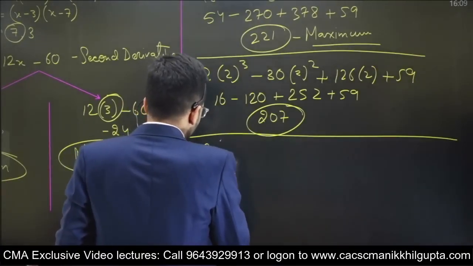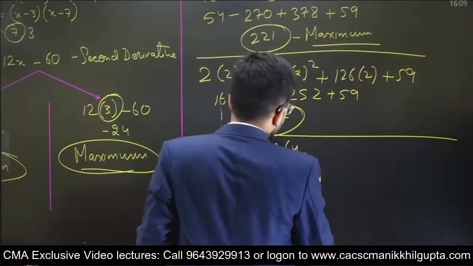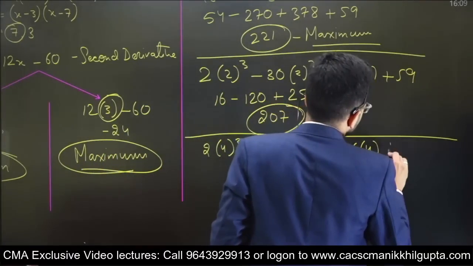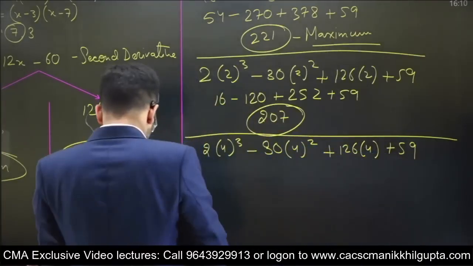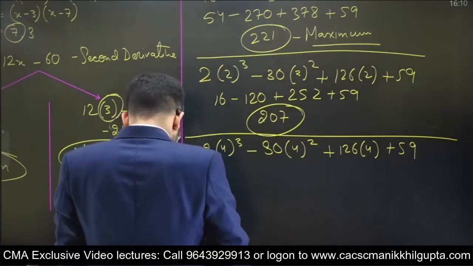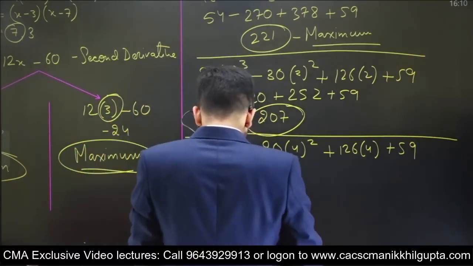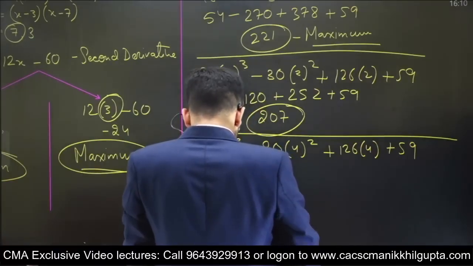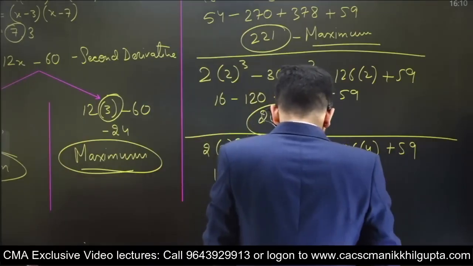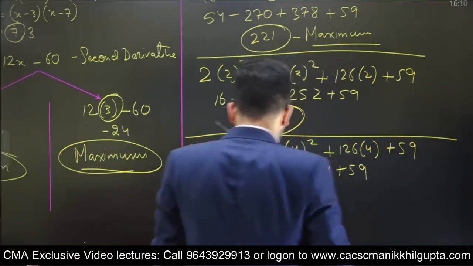So when I put 4 instead of 3, let's see what the outcome is. 128 minus 480 plus 504 plus 59.